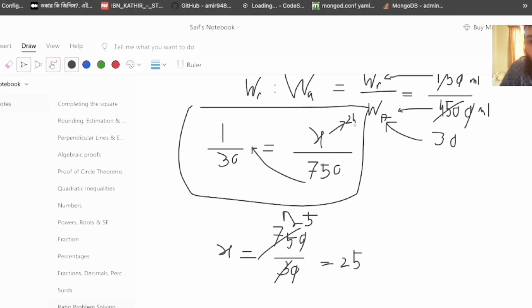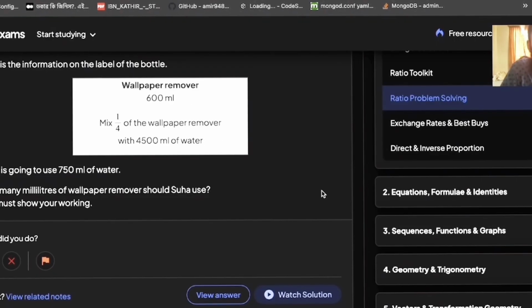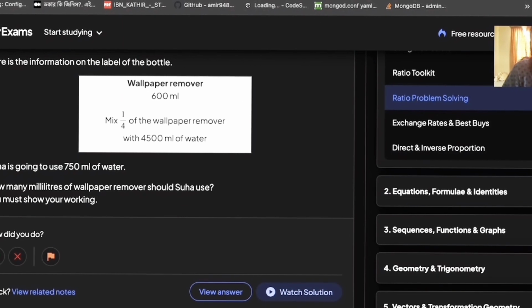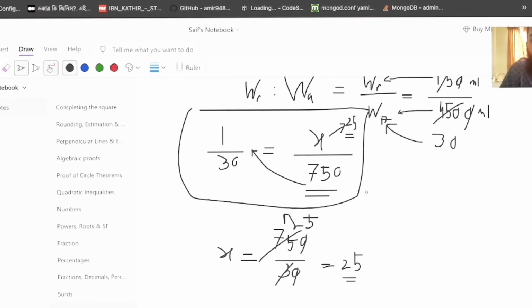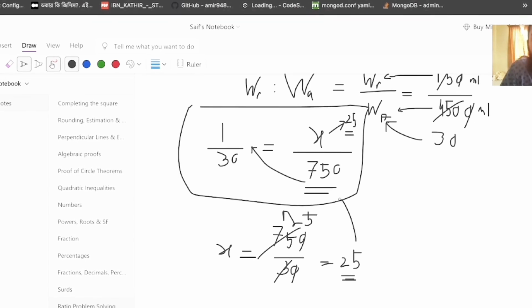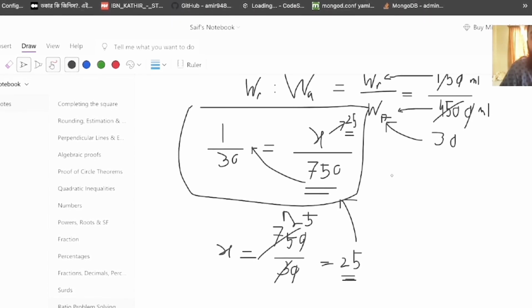So for 750 milliliters of water, Suha is going to use 25 milliliters of wallpaper remover. She should use 25 milliliters of wallpaper remover for 750 milliliters of water.